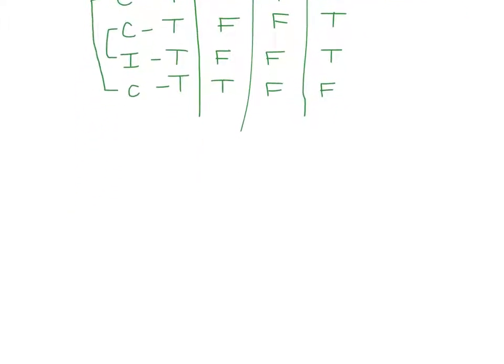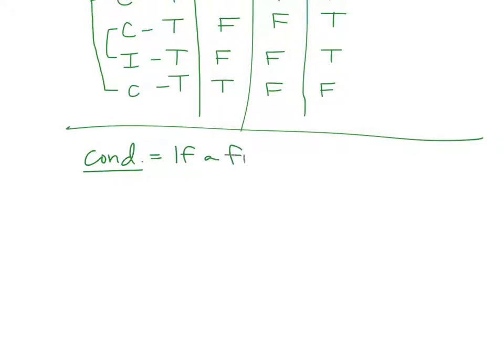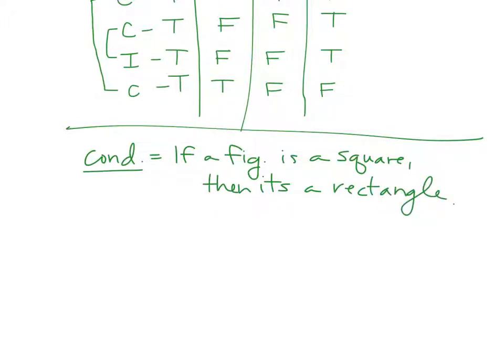All right. Let's say our conditional statement says, if a figure is a square, then it's a rectangle. Okay, that's my conditional statement.